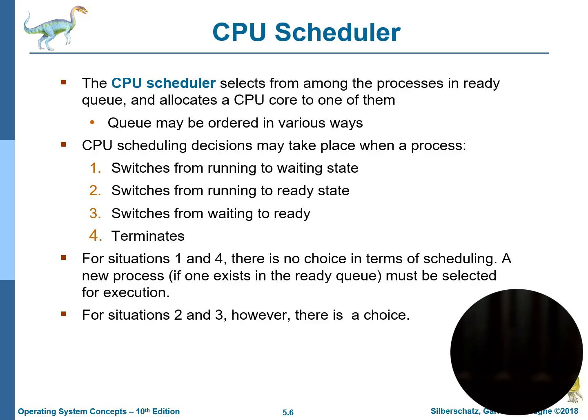CPU scheduling decisions may take place when a process switches from running to waiting state, when a process switches from running to ready state, when a process switches from waiting to ready state, when a process terminates, and so on and so forth. For situations 1 and 4, there is no choice in terms of scheduling. A new process, if one exists in the ready queue, must be selected for execution. For situations 2 and 3, however, there is a choice.